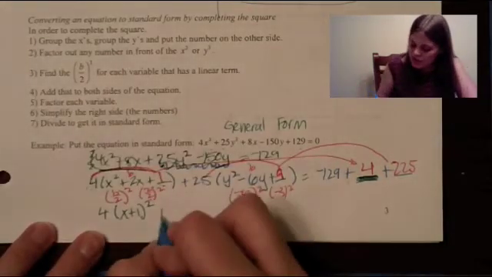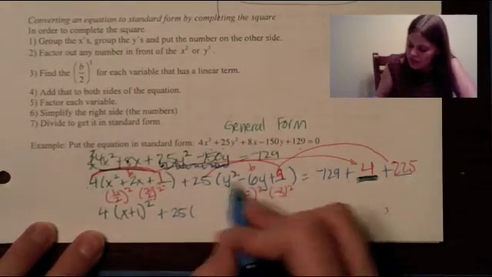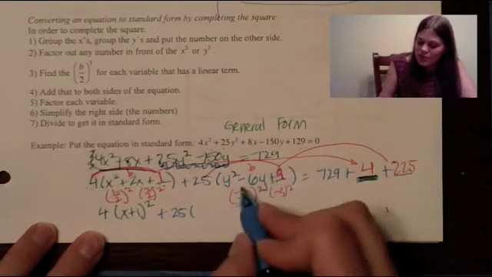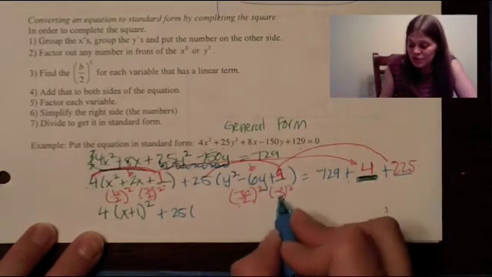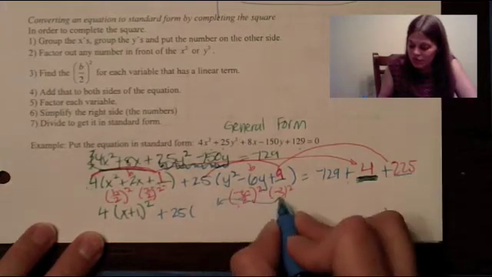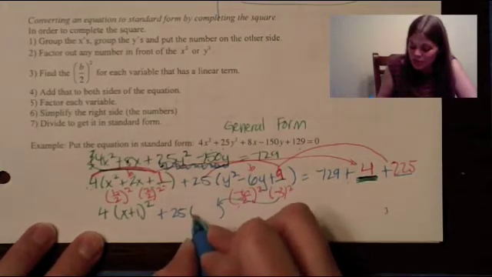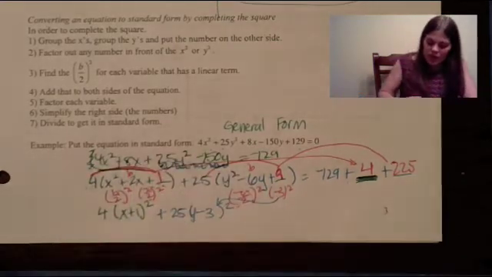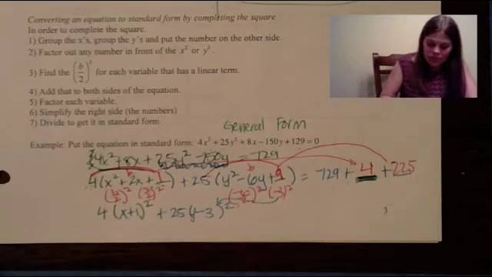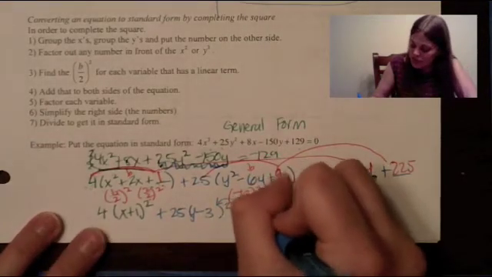On this one, plus keep the 25, I factor this, so what multiplies to 9 and adds to negative 6? Negative 3 and negative 3, which is our term of b divided by 2 right before we square it. So 25 times y minus 3 quantity squared equals, and then negative 129 plus 4 plus 225 gives you 100.